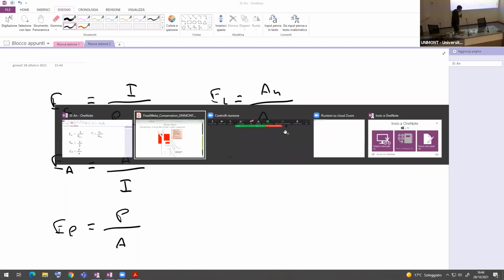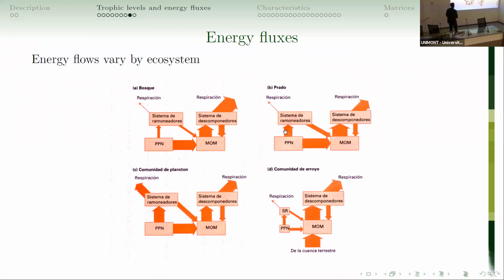What we know, well, here you have different communities: a forest, a meadow, a stream, and a plankton community. And here you see the fluxes of energy that move among the different compartments, and you see that the widths of the arrows are different, right? So in each community, the flow of the energy is different.